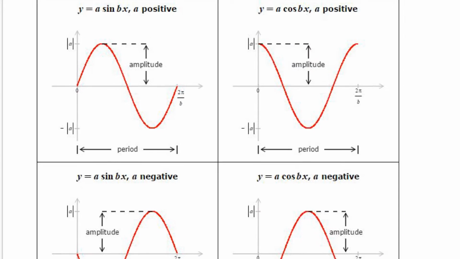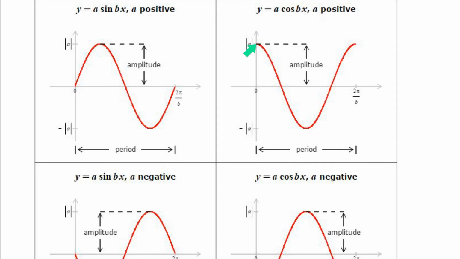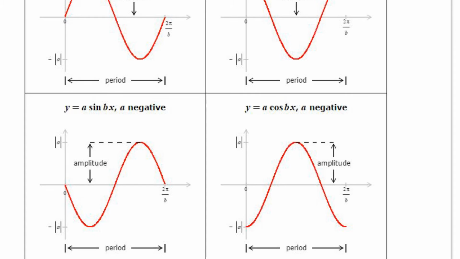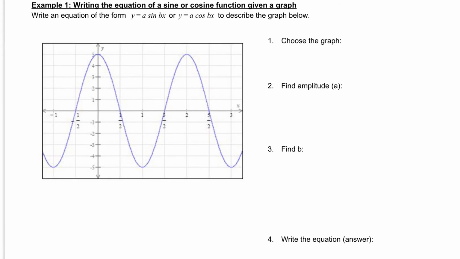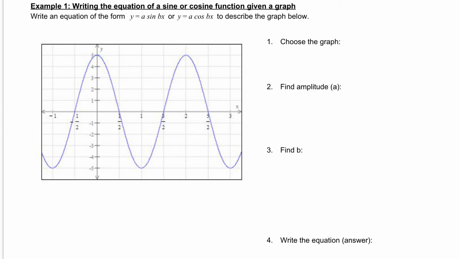If we take a look at our cosine graph, it either starts up if a is positive, or it's starting down when a is negative. So that means our graph that we have here, since we are starting up instead of at the origin, we have the graph of y equals a cosine x.